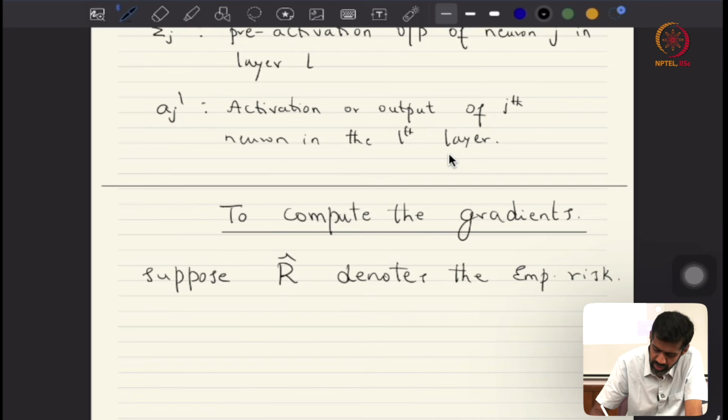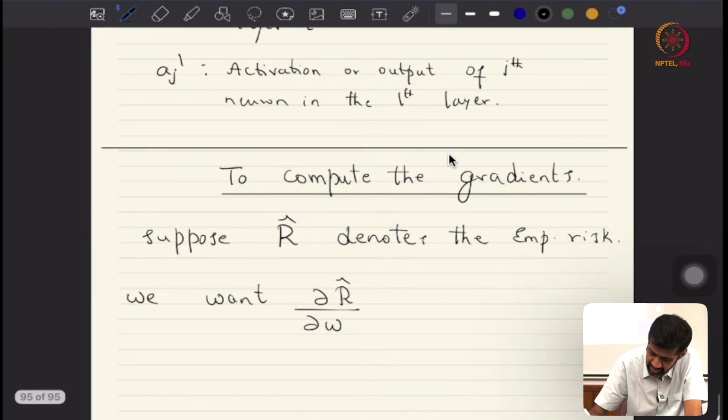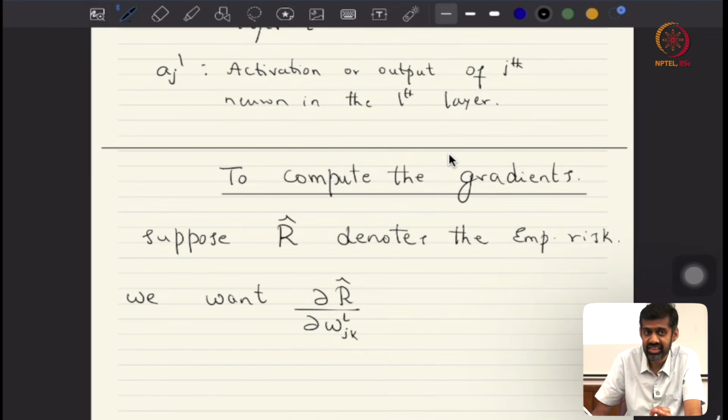Okay, we want the derivative of R cap with respect to W JKL. This is what we need, correct? If we get this, then we can do it for each of the parameters and then do the gradient descent, correct? We want this.